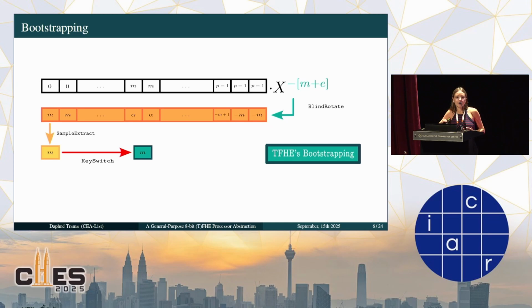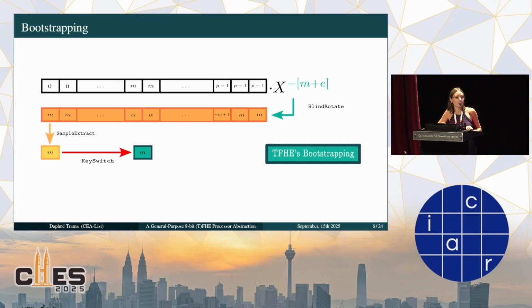I must stress that this step, the blind rotate, is by far the most expensive step of bootstrapping. Then we can perform sample extract, which extracts a coefficient of an encrypted polynomial and converts it into a TLWE ciphertext. And finally, we use the key switch to go back to the initial key, the blue key.